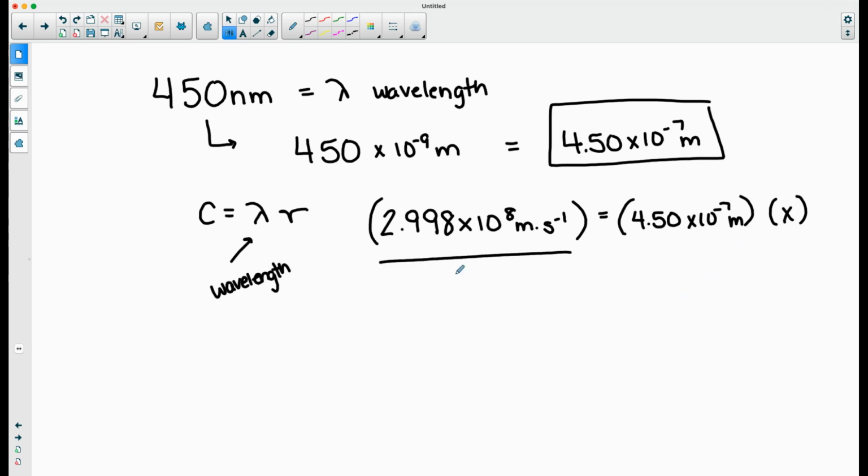When I divide both sides, my meters cancel, and I get x equals some number in seconds to the minus 1 for a unit.